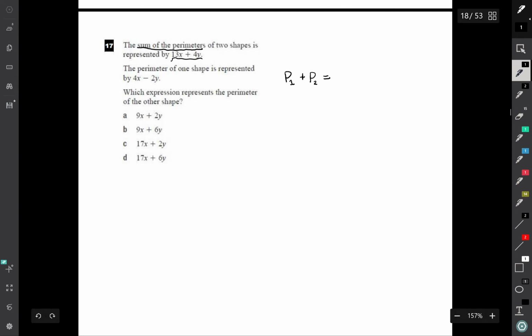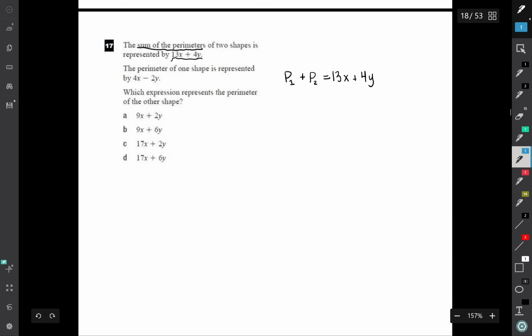And I know that the sum of the perimeters is going to be represented by 13x plus 4y. It doesn't matter what the shapes are. Then it says the perimeter of one shape is represented by 4x minus 2y.